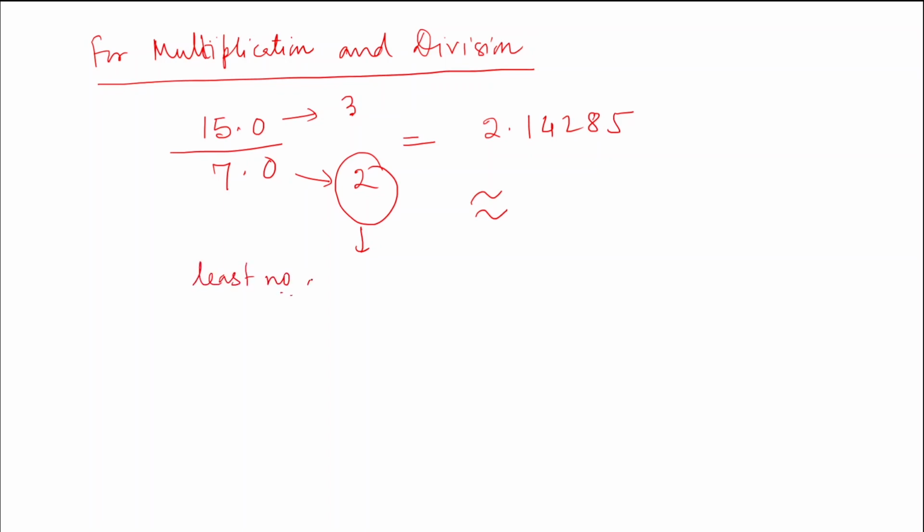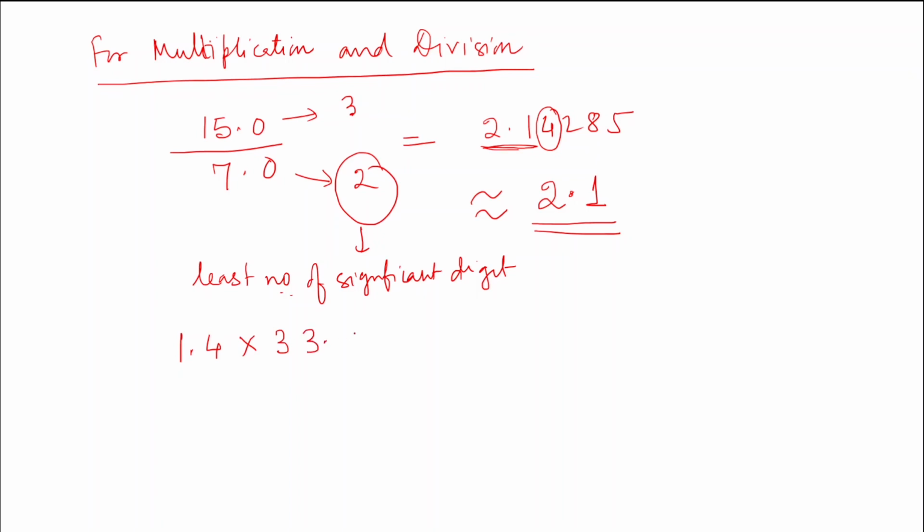That is because we have to see the least number of significant digits in the given numbers which is involved in multiplication or division. So इसमें 15.0 और 7.0 के बीच में 7.0 में है two significant digits, so that is the least one. So we'll have to round it off to 2 significant digits, so it is coming as 2.1. 1 के बाद 4 है और 4 is less than 5, so the preceding number will remain as it is, so it is 2.1.